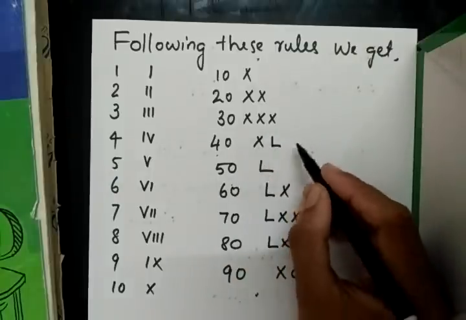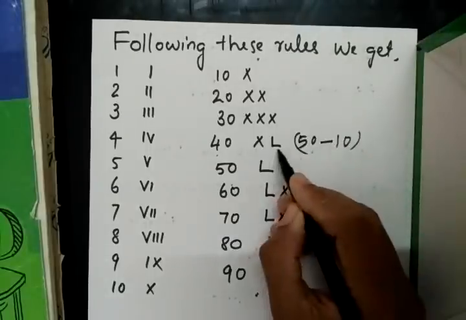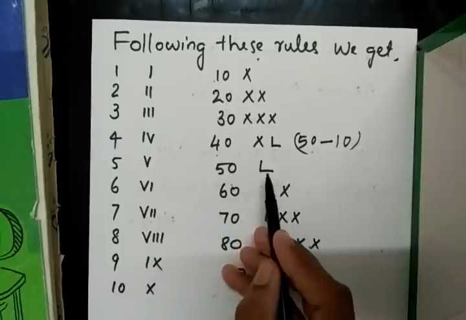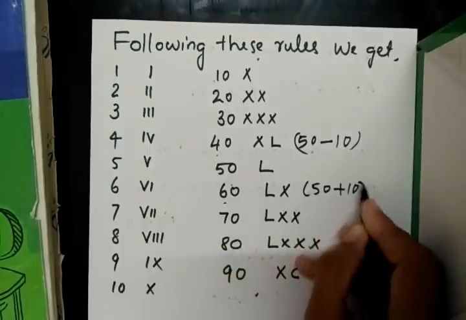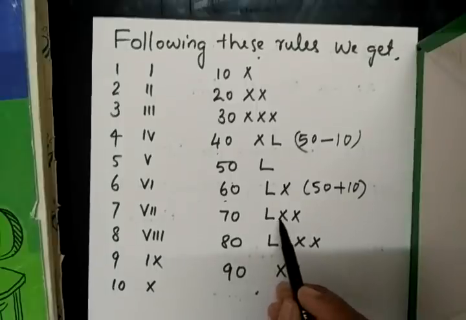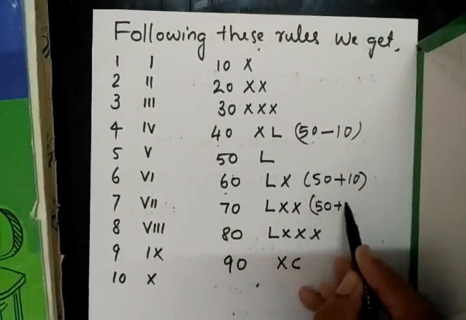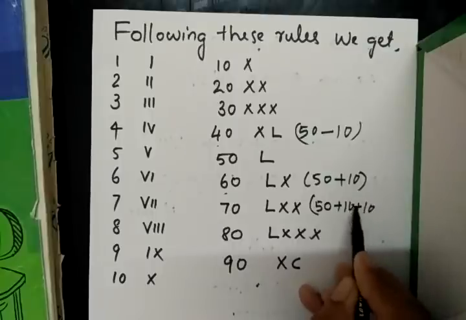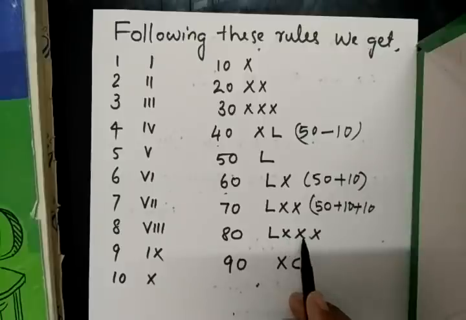So 40 means 50 minus 10, 50 is L. 60 means 50 plus 10. 70 means 50 plus 10 plus 10. 80 is 50 plus 10 plus 10 plus 10, that is 50 plus 30.